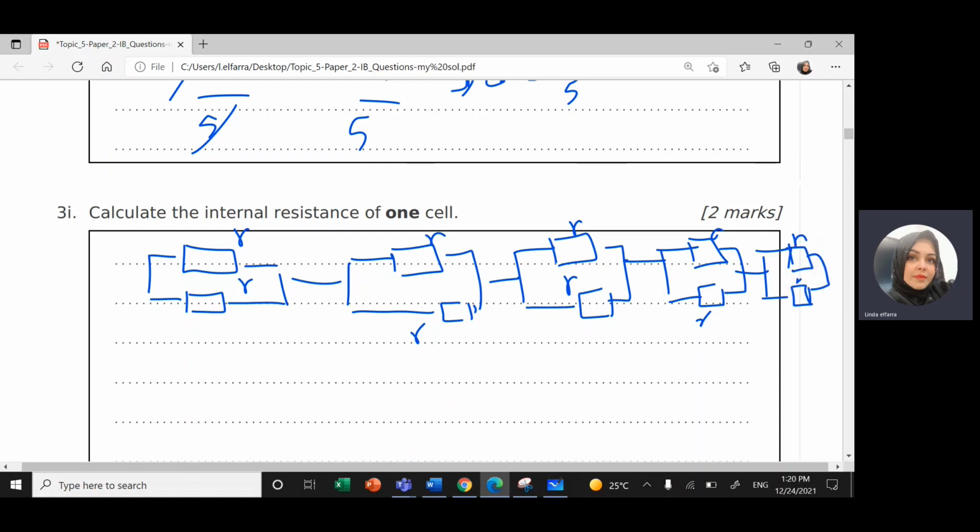They're connected in parallel, so the equivalent resistance, when they're equal, you take one of them divided by their number.